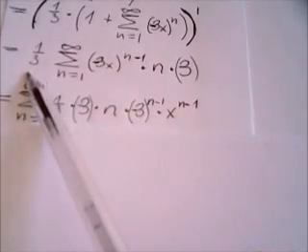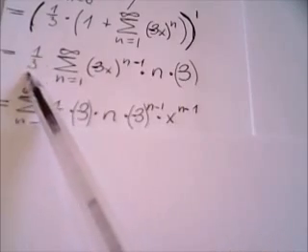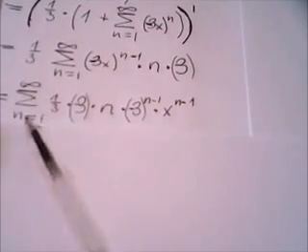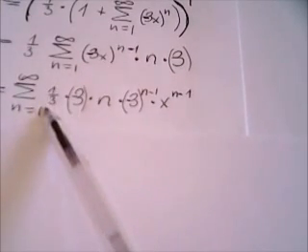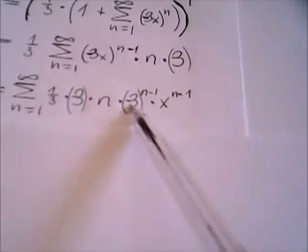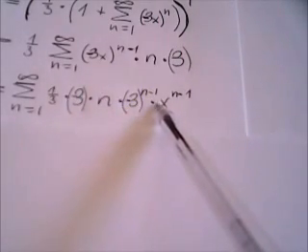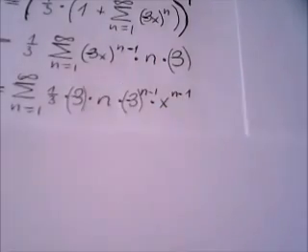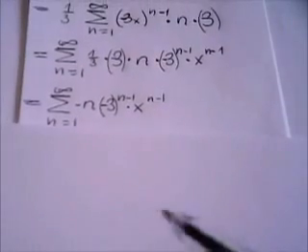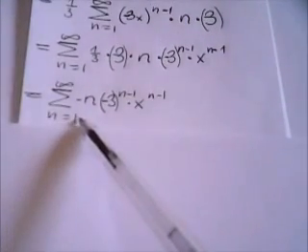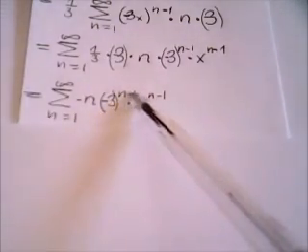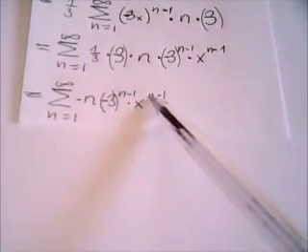One over 3 is constant. It doesn't depend on n. Because of that, I can write the summation 1 over 3 times minus 3 times n times minus 3 to the power n minus 1 times x to the power n minus 1. In conclusion, we have the summation from n equals 1 to infinity of minus n times minus 3 to the power n minus 1 times x to the power n minus 1.